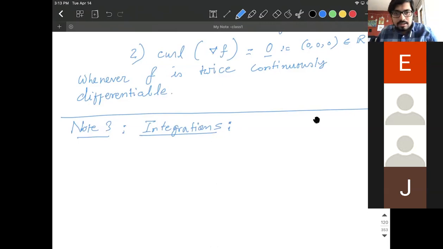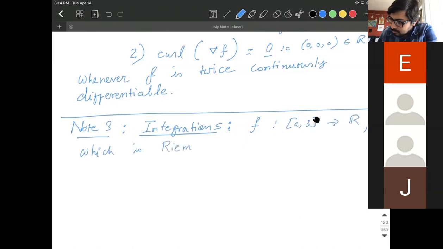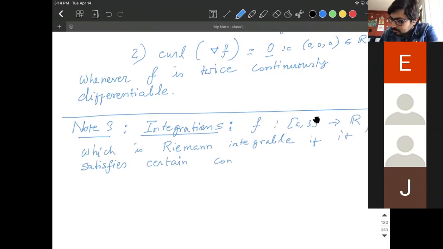Okay, so what is the basic setup? We have a function f from the interval a, b to R, which is Riemann integrable. It is Riemann integrable if it satisfies a certain condition, so read the notes.